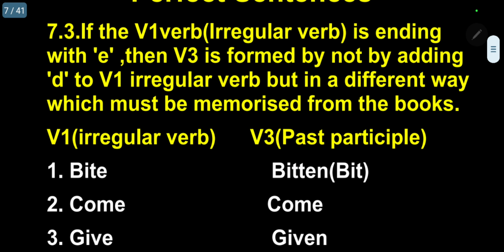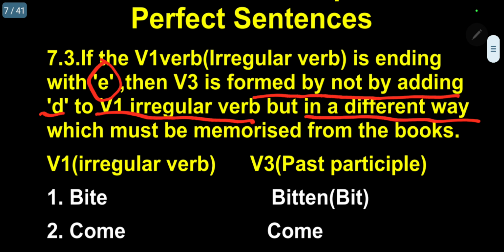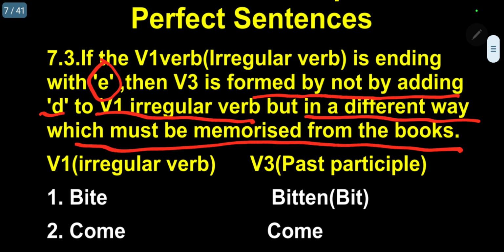7, the type of sentence, 3, the rule. That is, if the V1 verb, irregular, kindly follow, irregular verb, is ending with E. If it is regular, we have to add D. If it is an irregular verb ending with E, then V3 is formed not by adding D to the V1 irregular verb, but in a different way, which must be memorized from the books.